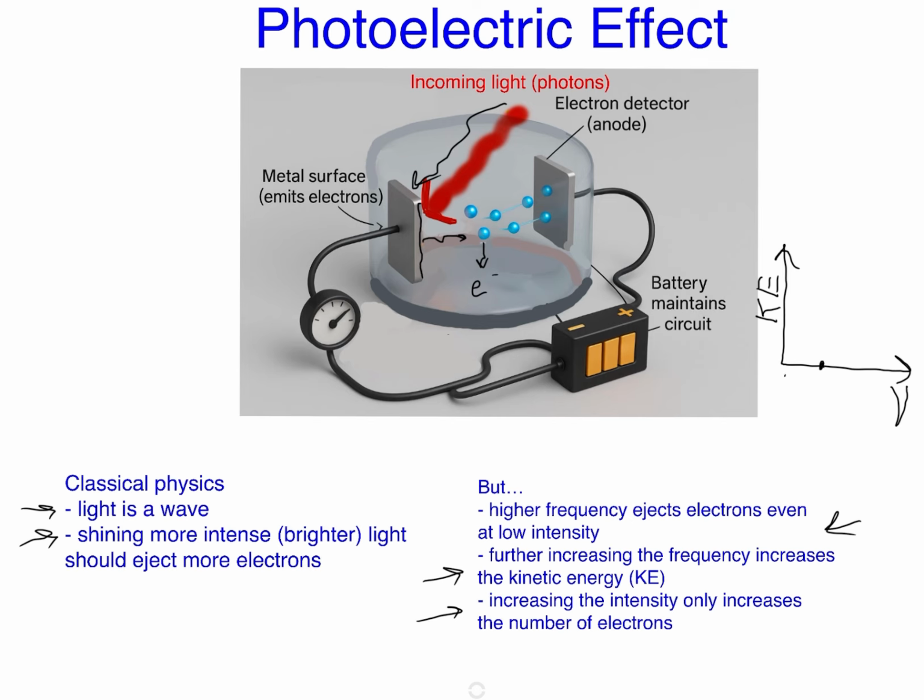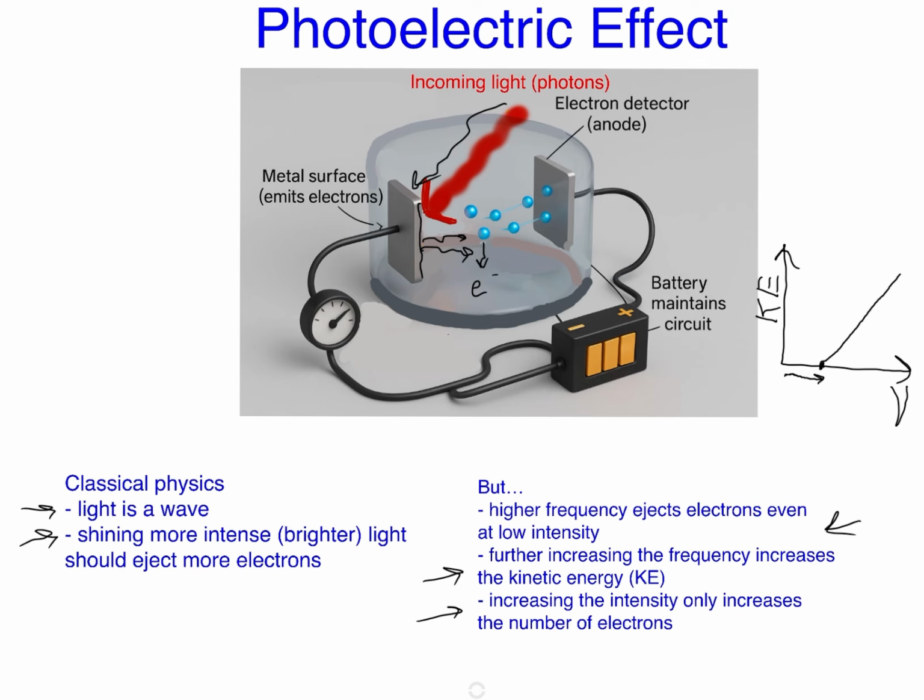As we increase the frequency from here, nothing really happens. Only when we reach this point, the work function or the very minimum frequency, does it start ejecting electrons from the surface. Further increasing the frequency increases the kinetic energy. So this is the diagram showing how it works.